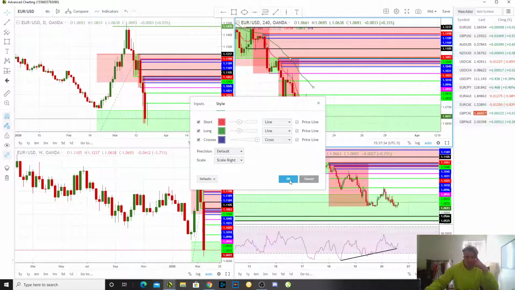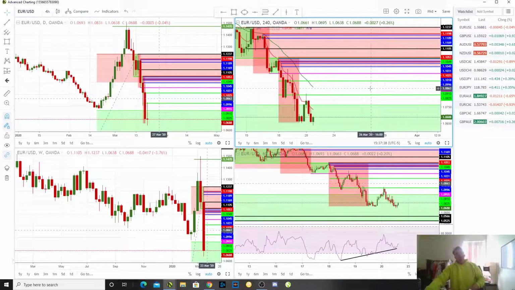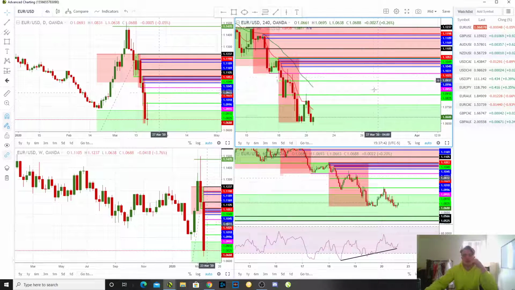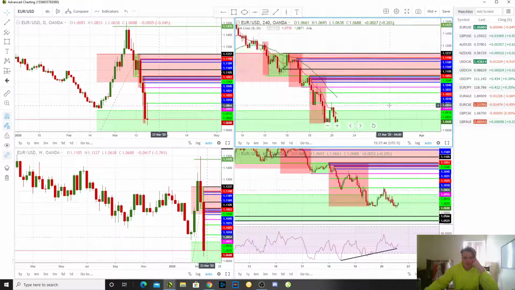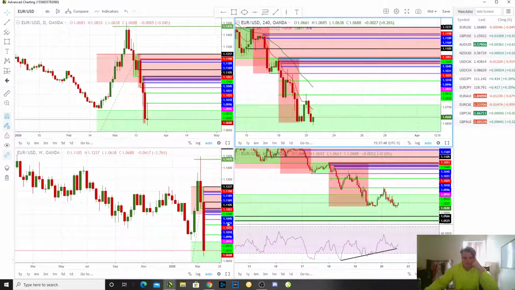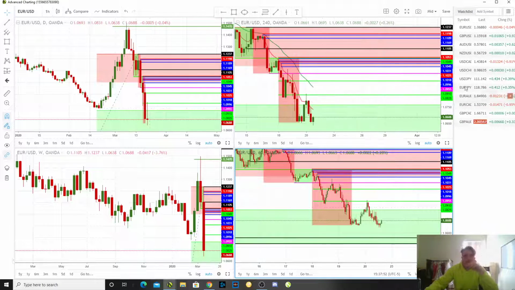I don't know what precision means, but whatever. So the moving average cross would be the trigger to take this as it comes down to the demand area here. But for now, I'm just going to delete the RSI because we got that divergence there.